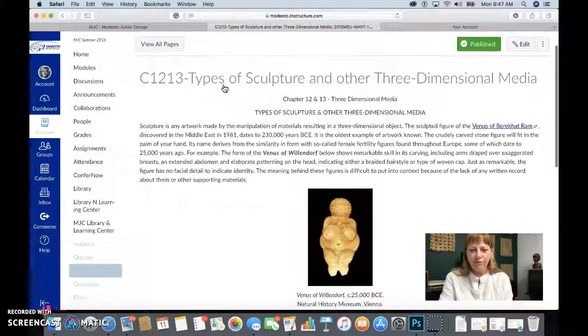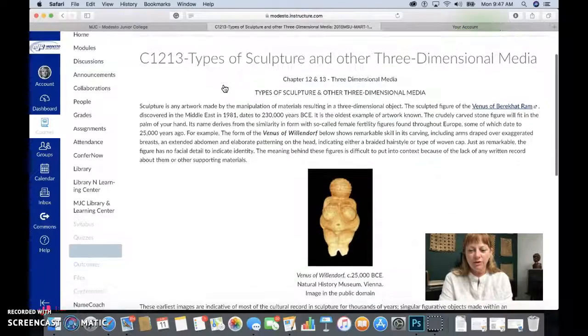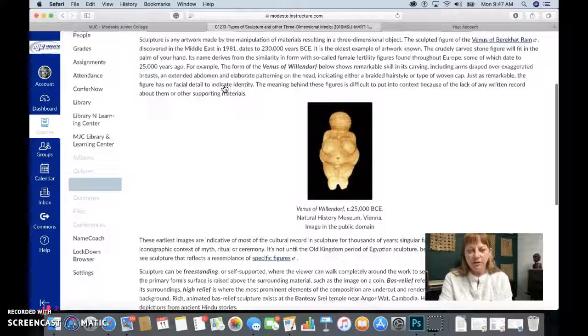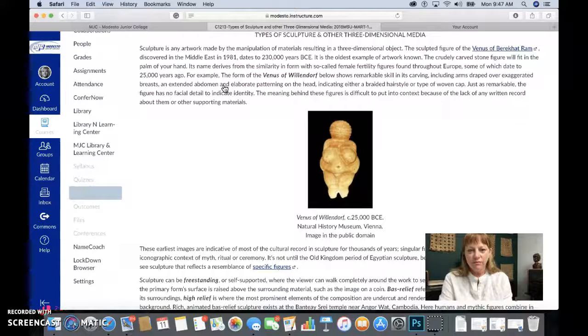Yeah, types of sculpture and other three-dimensional media. So here we get into a little bit of history, starting with the Venus of Willendorf.